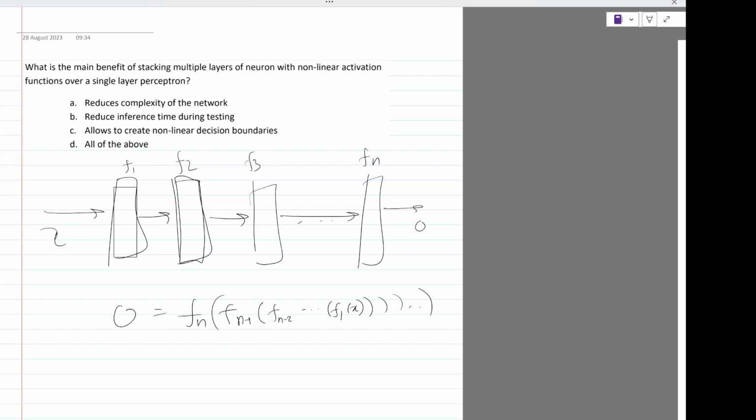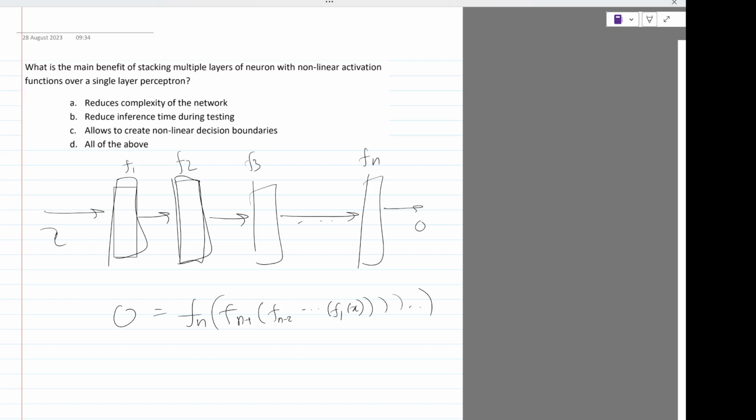Option: allows to create nonlinear decision boundaries. So this is true because in the single layer perceptron you don't have any nonlinear activation function which is creating a nonlinear decision boundary.